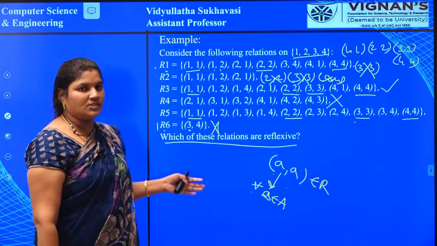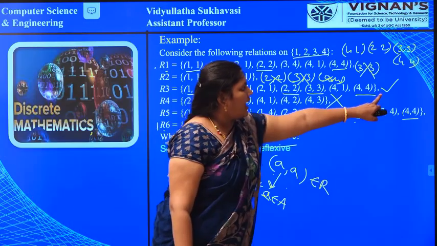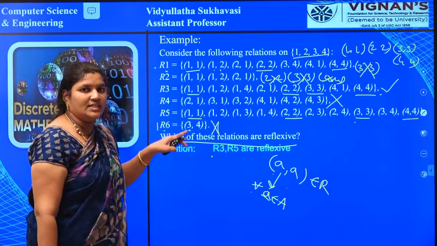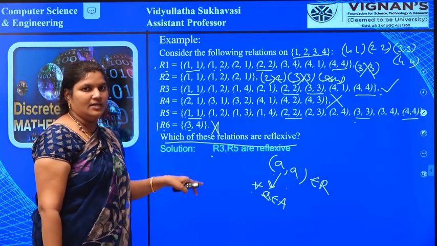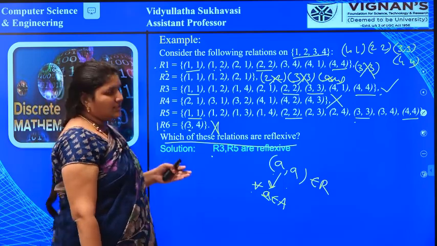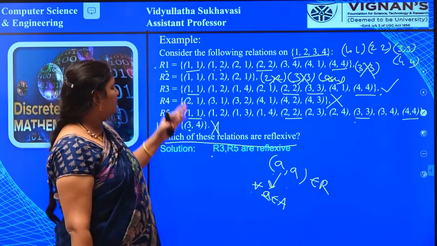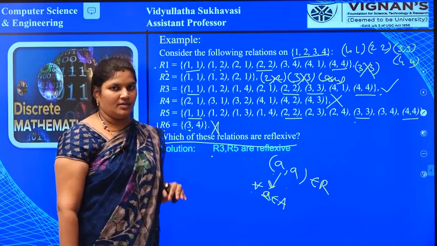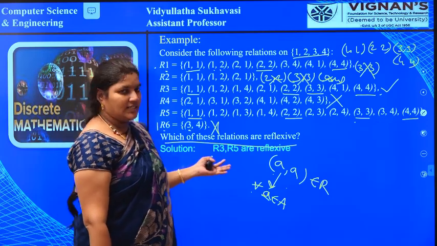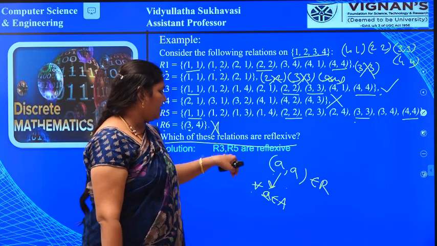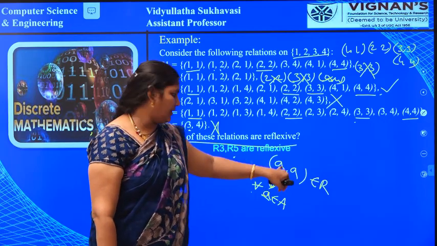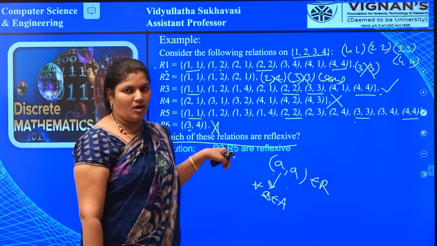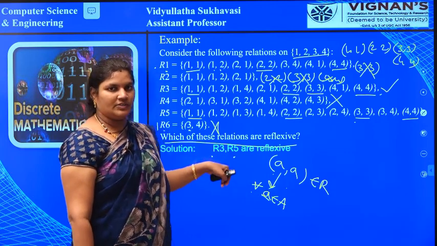Based on this, finally R3 is satisfying and R5 is satisfying. Only these two relations are satisfying the reflexive property. Since the reflexive pairs are not in the other relations, they are not satisfying the reflexive property. So only R3 and R5 are the reflexive relations for the given problem.